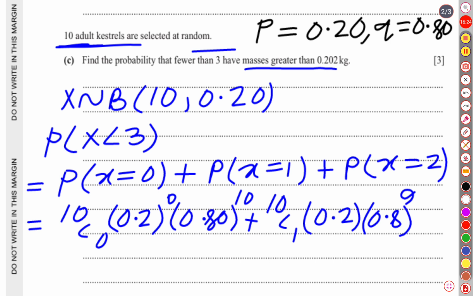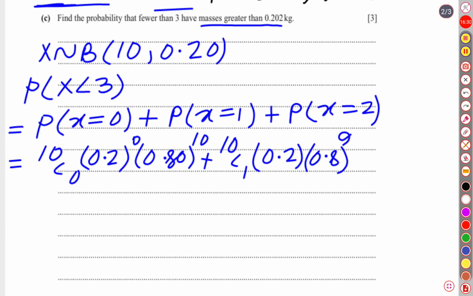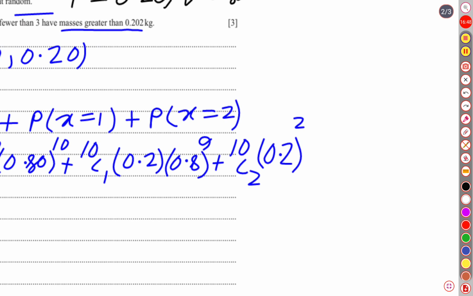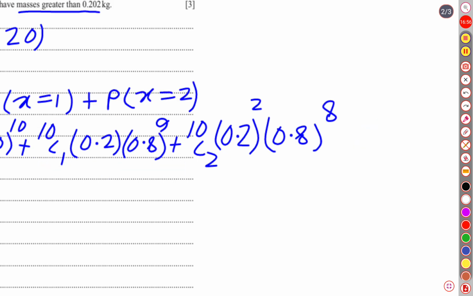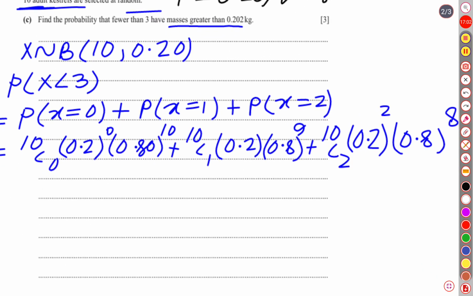Then 10 choose 2: 2 birds have mass more than 0.202 kg, and the remaining 8 birds will have mass less than 0.202 kg. Okay, so let us calculate this.